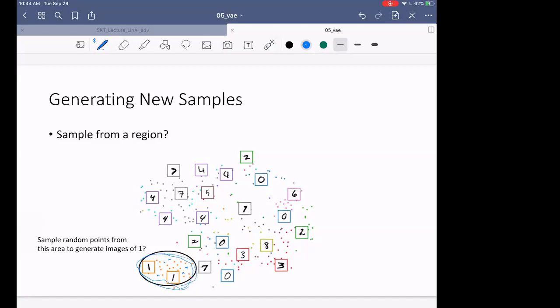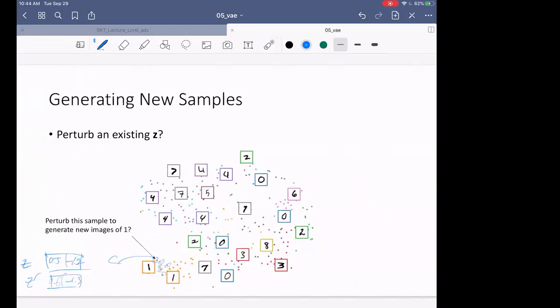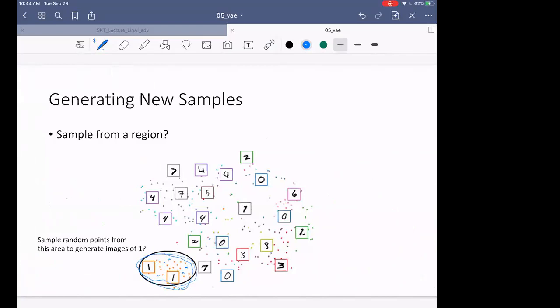So the problem is, this one is rather simple. Perturbing the existing Z is rather simple. You could totally do that. Sampling from this space is not so straightforward because we don't know the distribution of this space, unless you do density estimation first to get the distribution of this subspace.